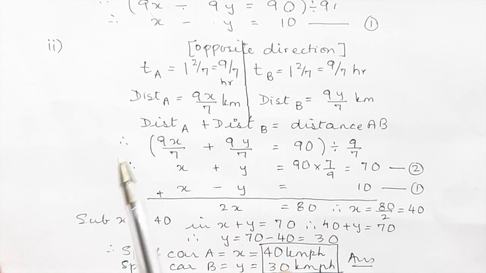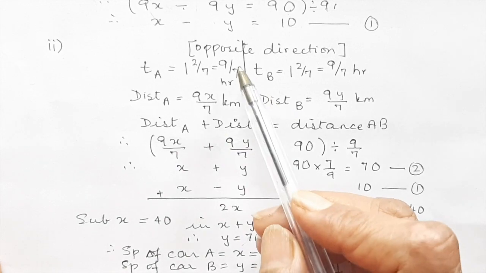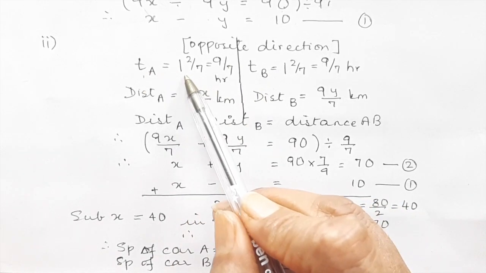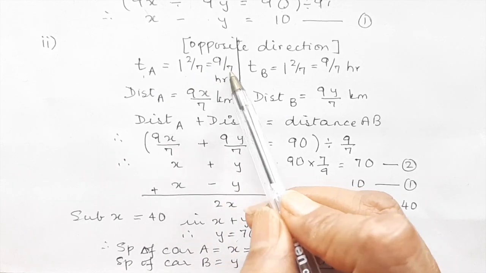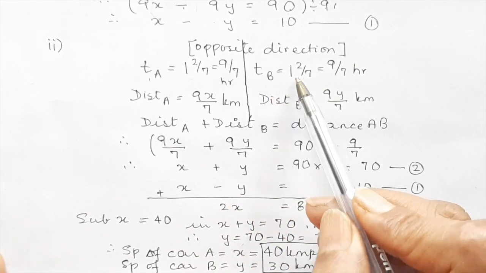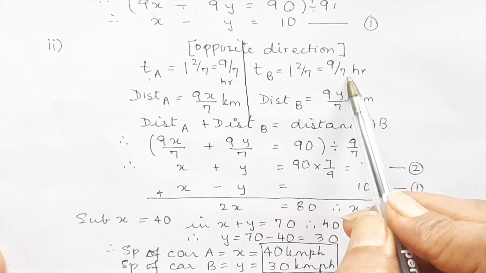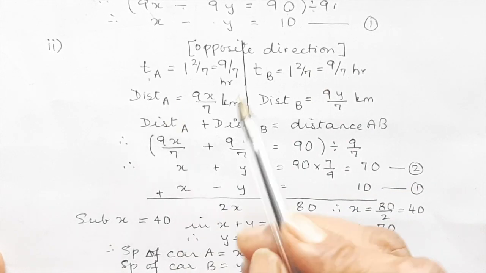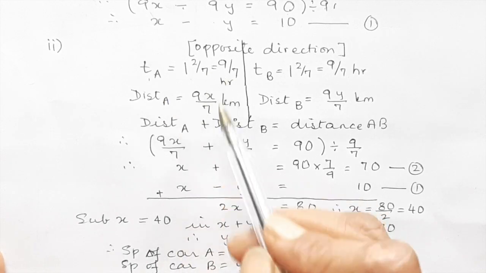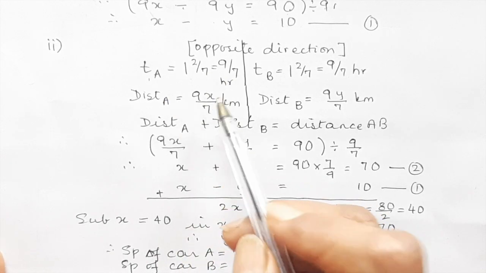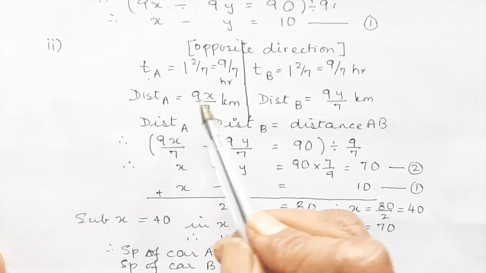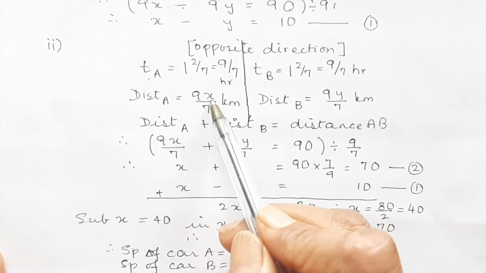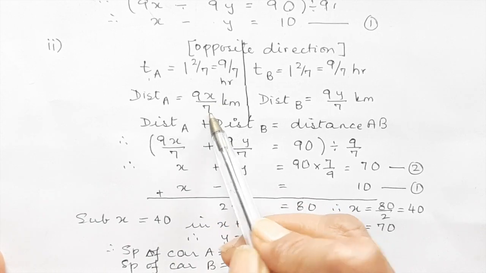So if we are going in the opposite direction, the time for A is 1 2/7, which is 9/7, and the time for B is 1 2/7, which is the same. The distance for A will be, now the speed of A remains x, so distance equal to speed into time, so 9/7 multiplied by x, that is 9x/7.